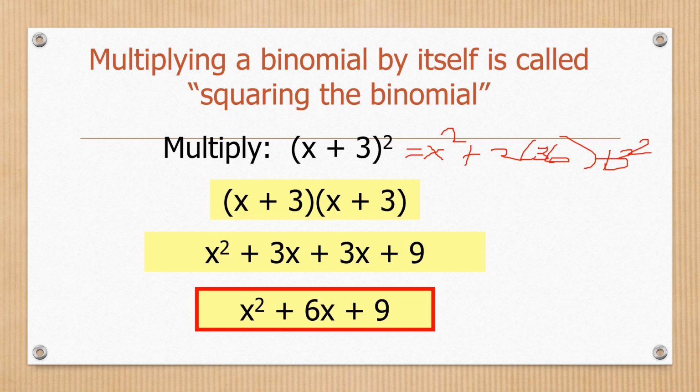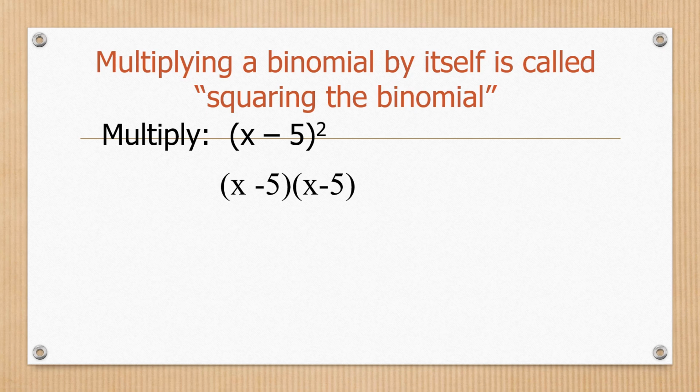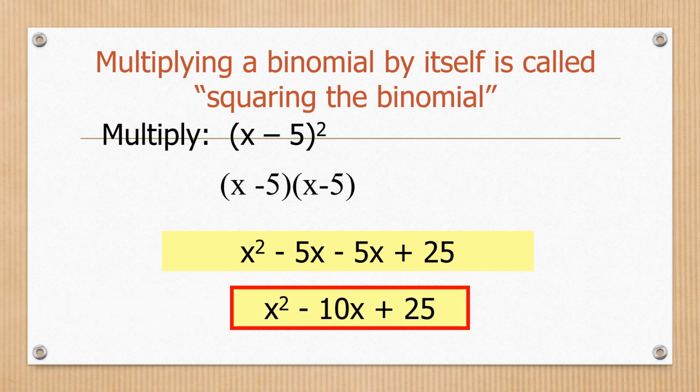So here we use the FOIL method, but you can also use this part, so it is easier. Next, we have x squared minus 10x plus 25.